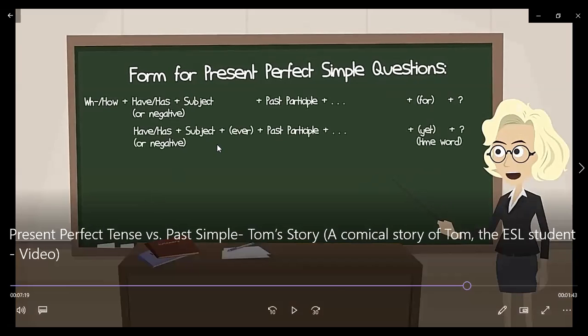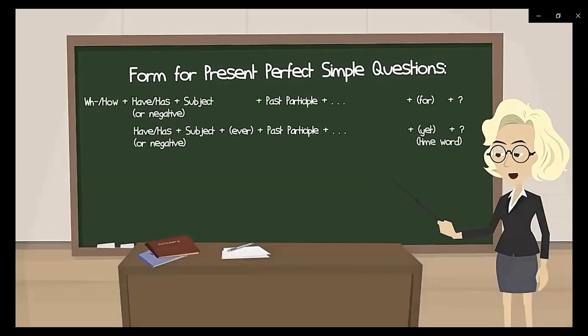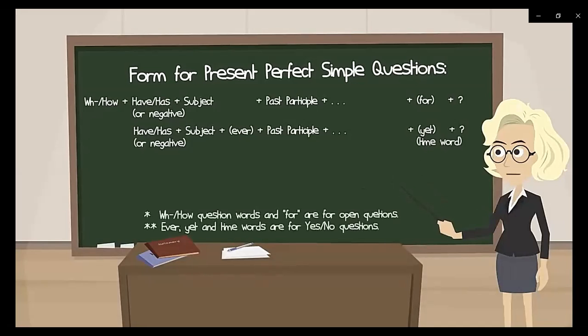If you want to add ever, you can do it. If not, it's okay, it's optional. Plus the past participle, plus whatever you want to say, plus yet, or a time word. Again, these are optional. Remember, WH and how question words and for are for open questions. Ever, yet, and time words are for yes/no questions.